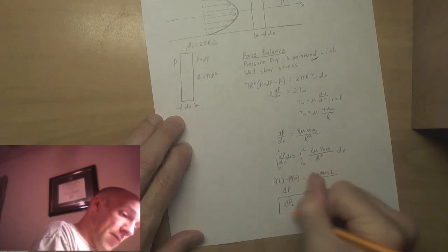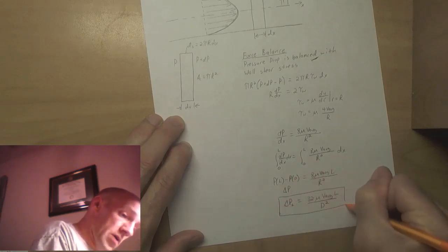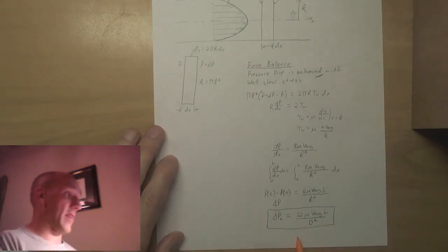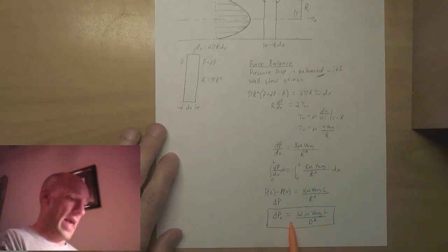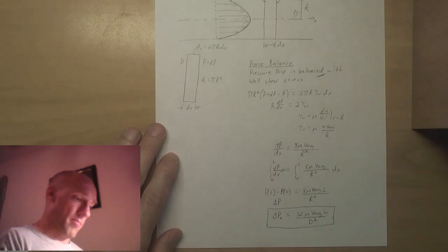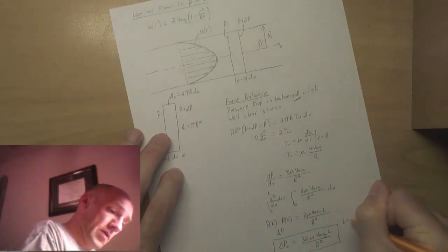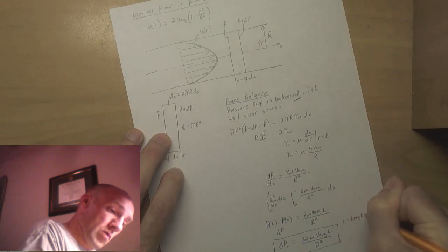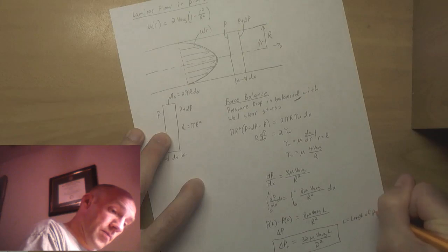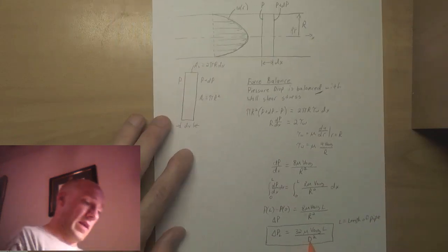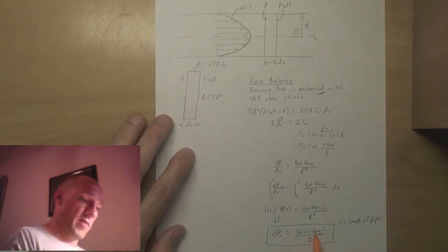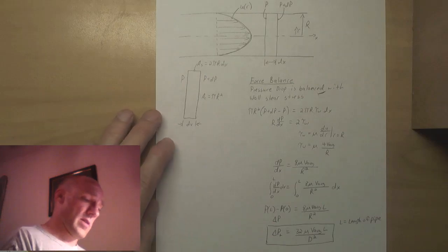And so for laminar flow, the pressure drop has an exact solution, and this is it. Where L is the length of the pipe, D is the diameter, mu is the viscosity, and V is the average velocity.